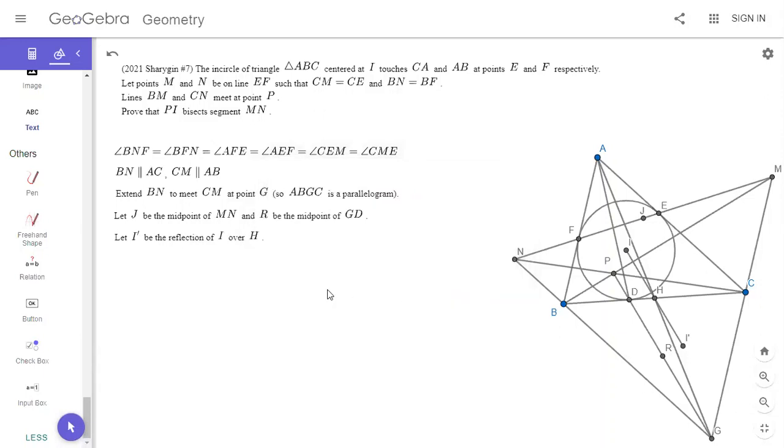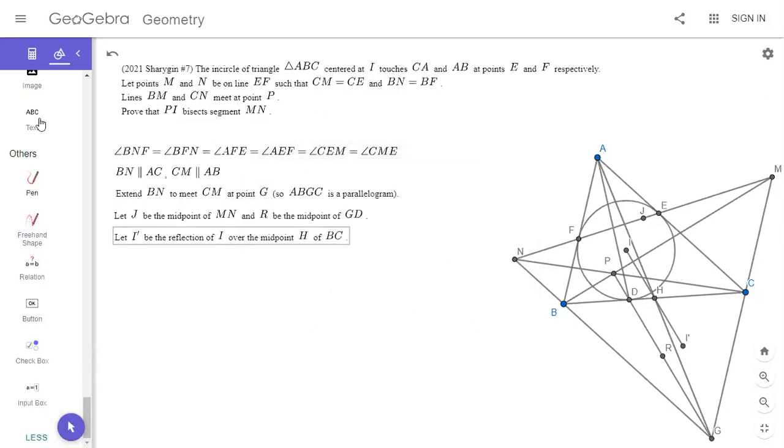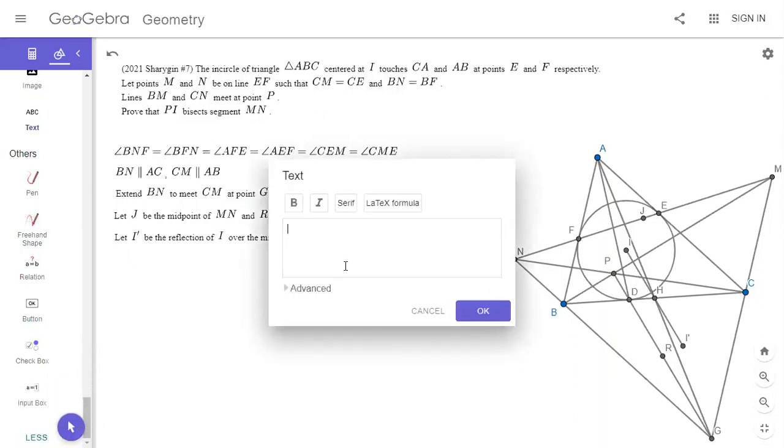Okay, so by the theorem on the Gauss line, R, H, and G are collinear. I haven't even defined H. The Gauss line, so that's in a previous video.